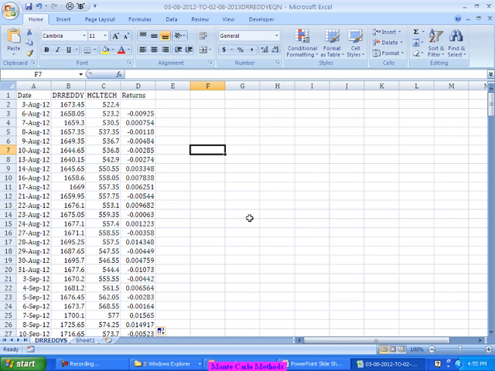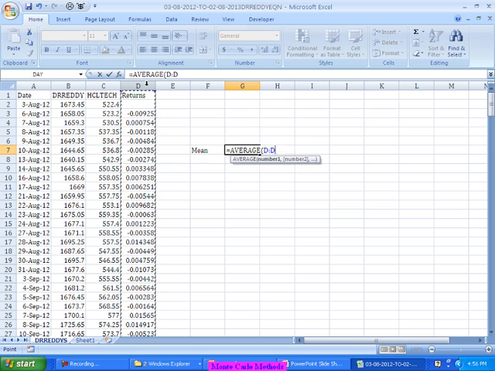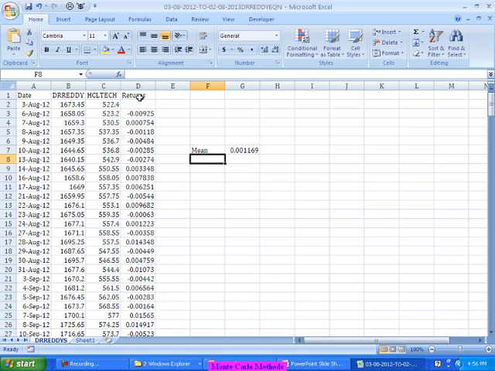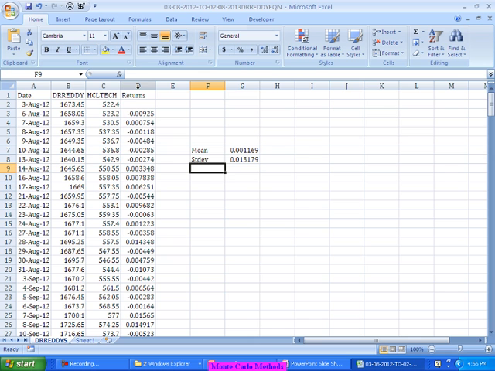Now based on this, I can find out the average return, the mean daily return. The mean daily return on this data is about this much. That's the average daily return for me. And the standard deviation I also require in the modeling process, so I'll take the standard deviation of the daily returns, which is around this much.